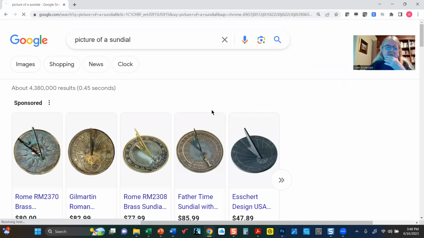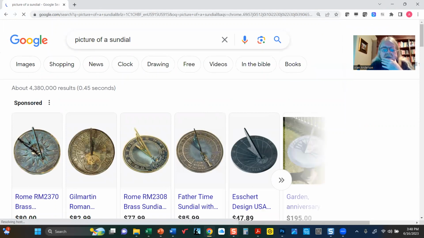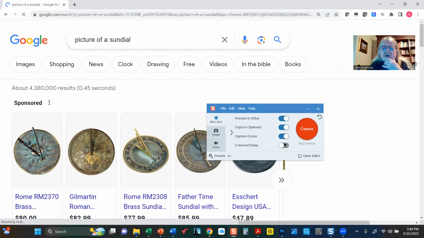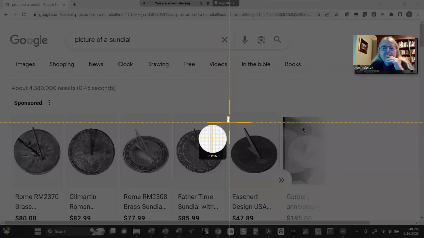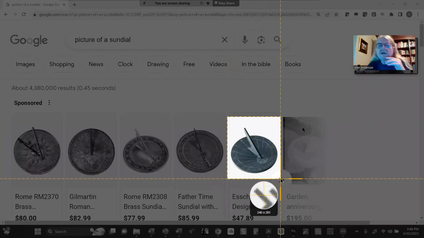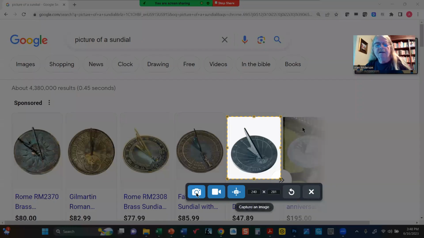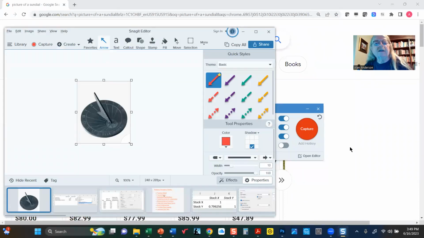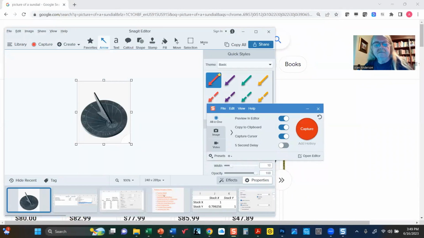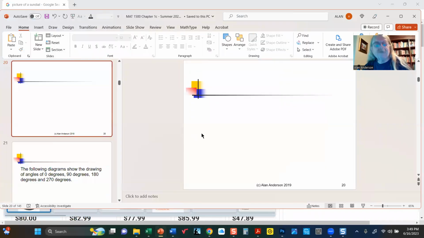Now, I'm sure you've seen these before. A sundial. What is a sundial? Well, this is how time was told for centuries before clocks were invented. So you might say, well, so what? What does that have to do with anything? Well, here's the important detail.